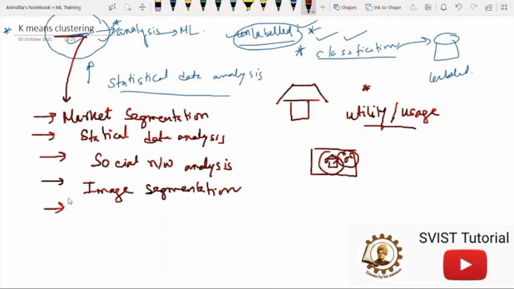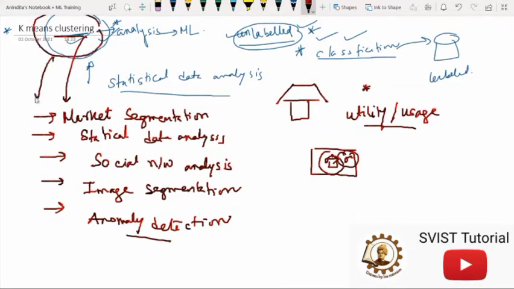And nowadays people are using clustering algorithms in anomaly detection. Any kind of problem detection, dispute detection is easily done by this clustering algorithm. So this clustering algorithm has enormous application in real life.